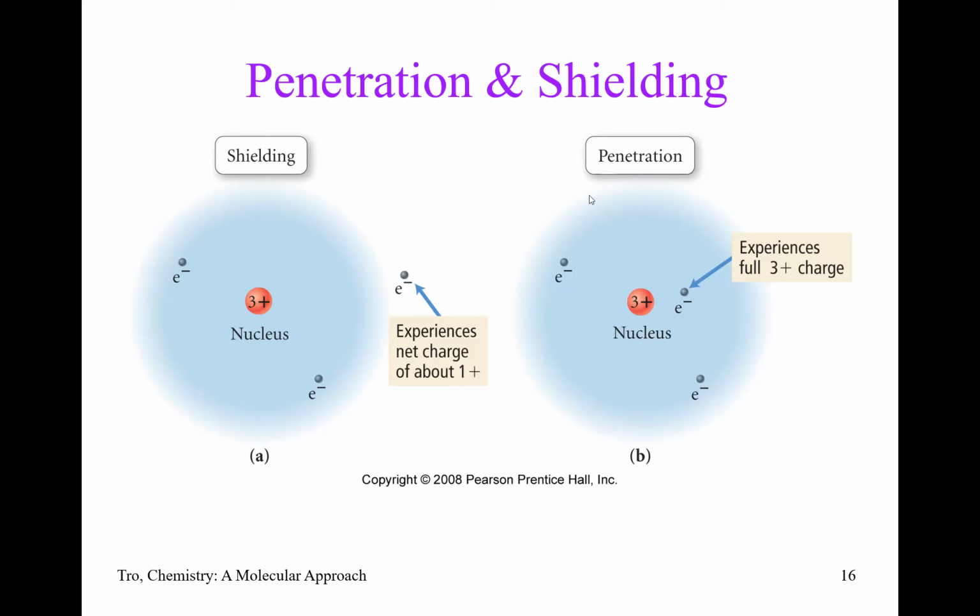Right, so you can kind of ignore the penetration. It's just introducing that concept here because it's the exact opposite of shielding. But penetration doesn't have as big of an application. The shielding becomes important.